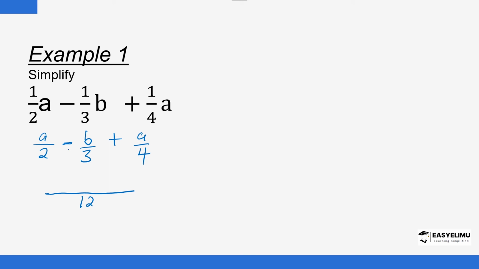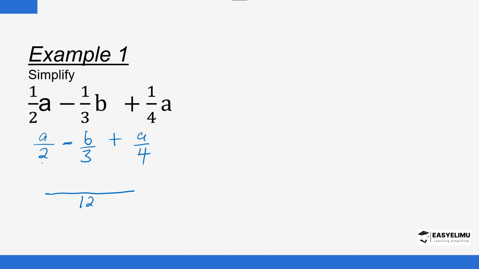Then you subtract, and again you do the same thing here. Divide the LCM by the denominator, and the result is multiplied by the numerator. Again, when you move to this third term here, you divide the LCM by the denominator, and the result you get, you multiply by the numerator, and of course you're going to add the numbers on top.